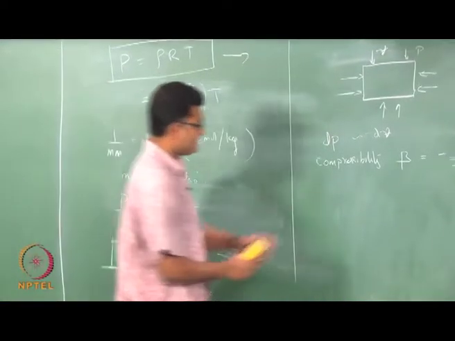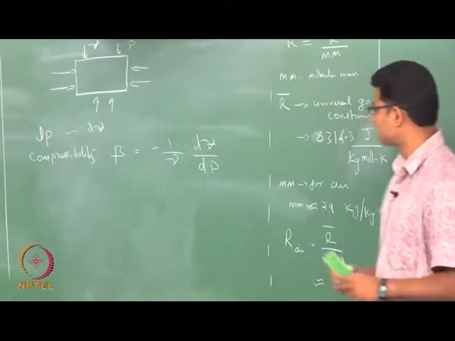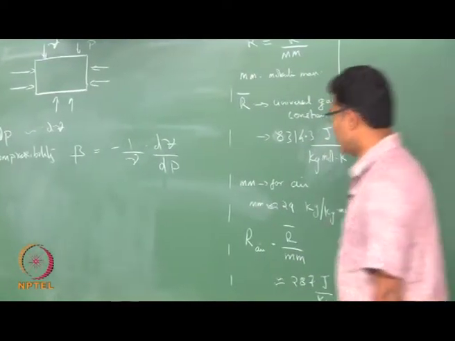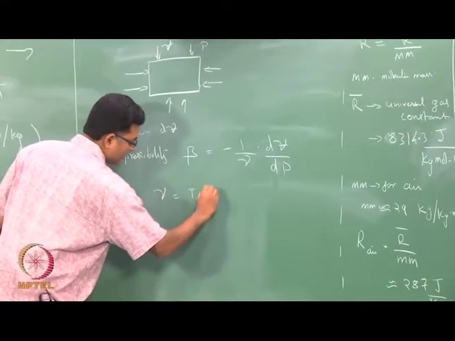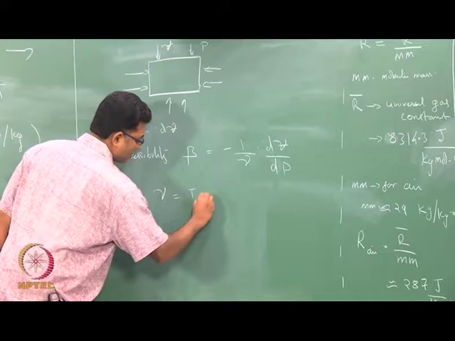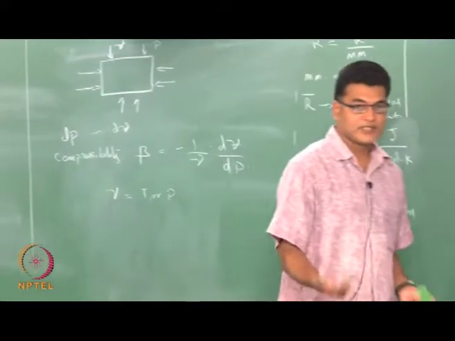So, the compressibility is defined as the volume change due to the pressure. Now, this volume change can also happen due to temperature, so it is essentially a function of temperature and pressure.